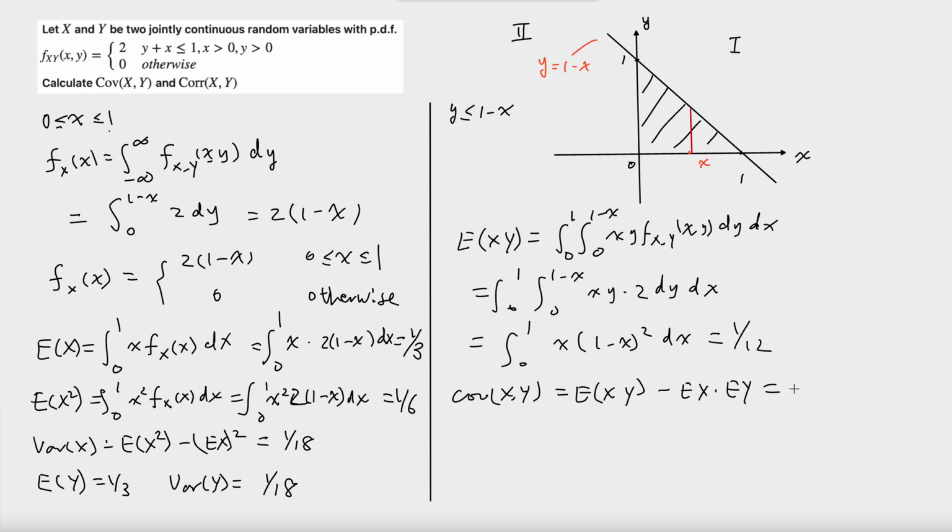So this is equal to negative 1 over 36. Now the correlation of X and Y is equal to the covariance of X and Y divided by the square root of the variance of X times the square root of the variance of Y. And this is equal to negative 1/2.